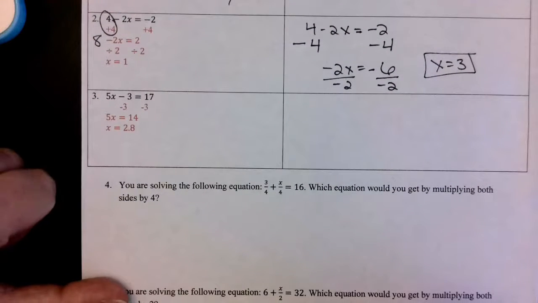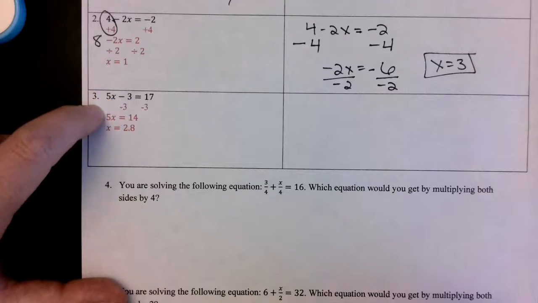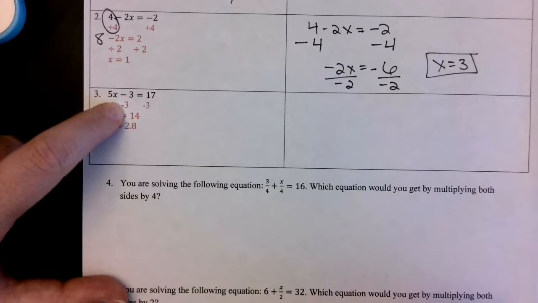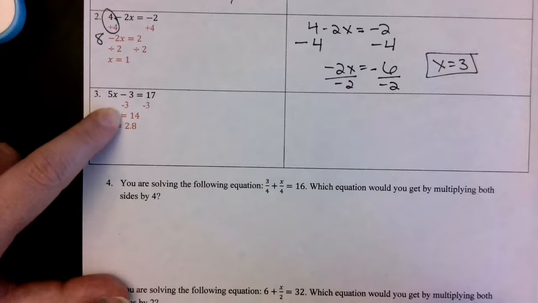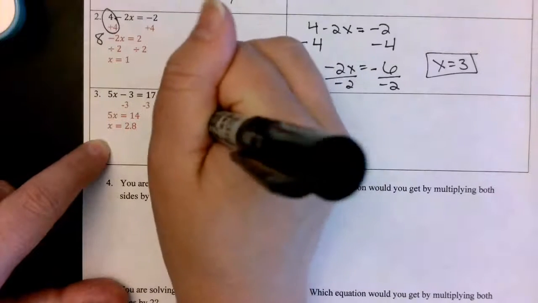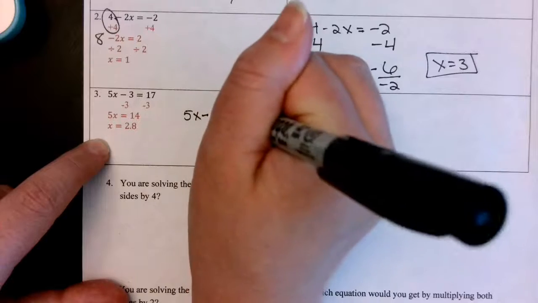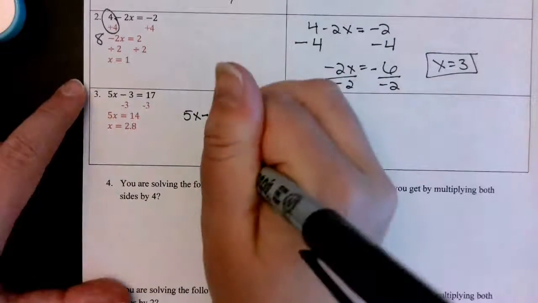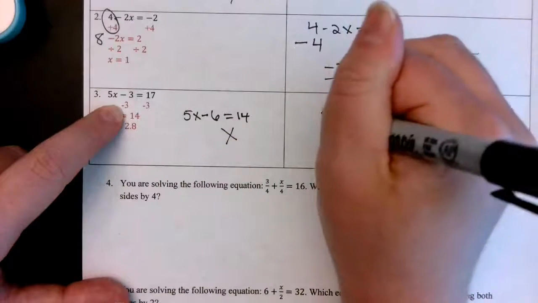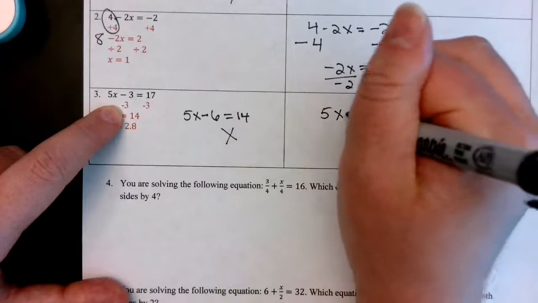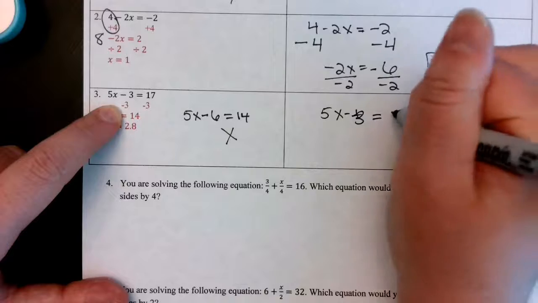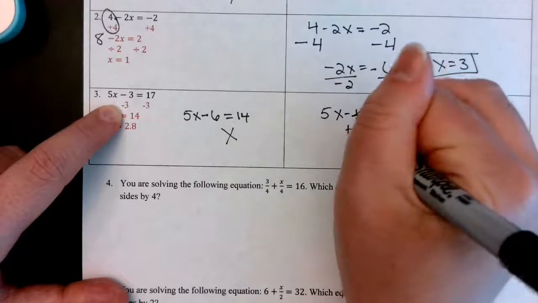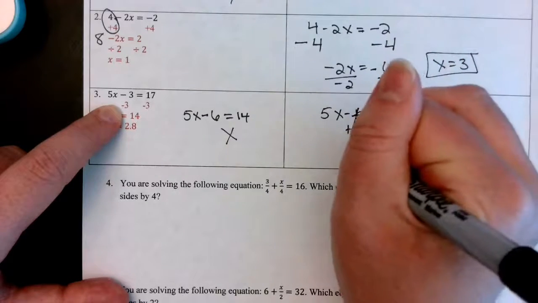Okay, let's look at our last step. We notice right away that negative 3 minus 3 is actually going to get us in this next step 5x minus 6 equals 14, which is totally not correct. Since it's a minus 3 in that first step, I want to add 3 to both sides so that it cancels.